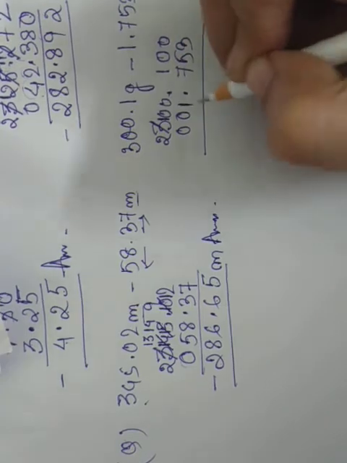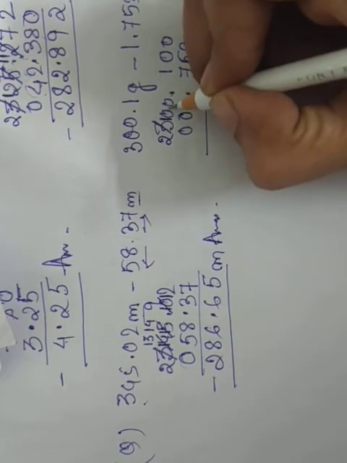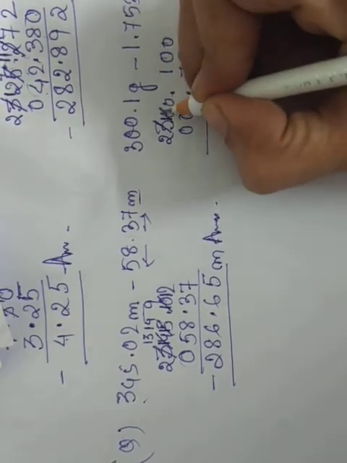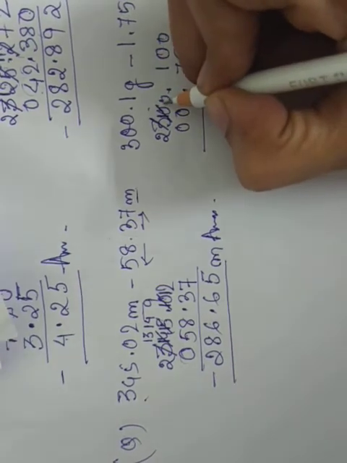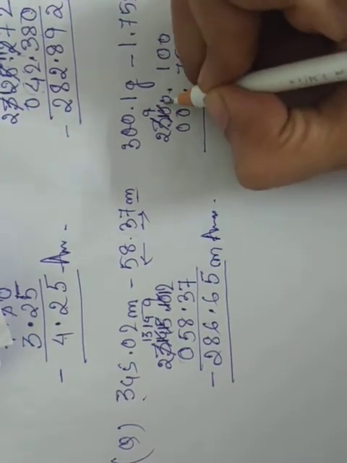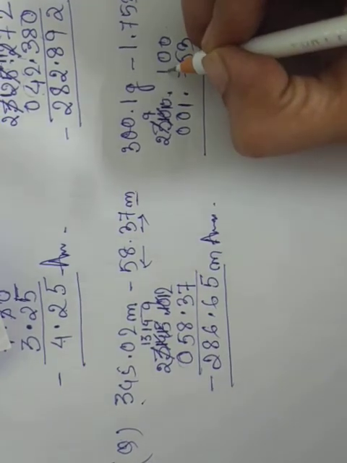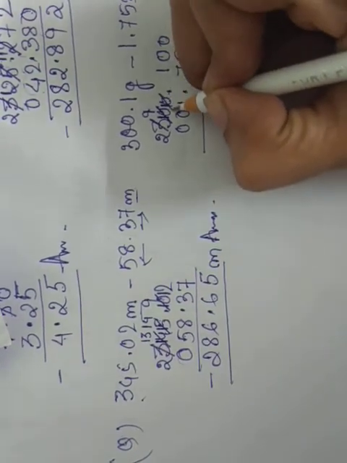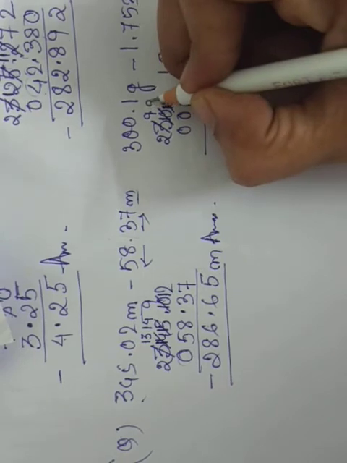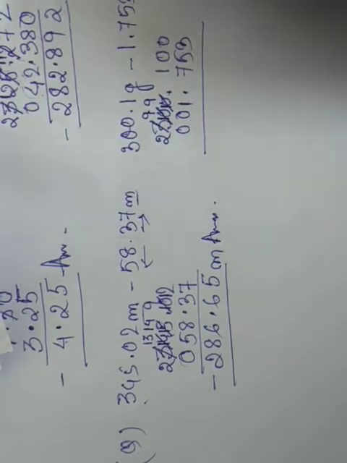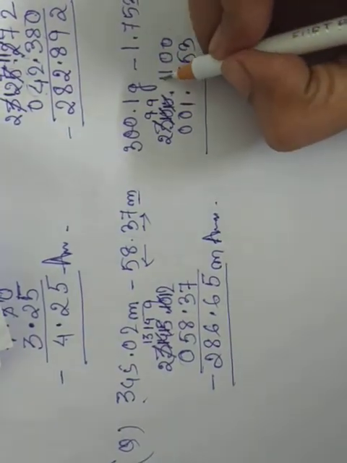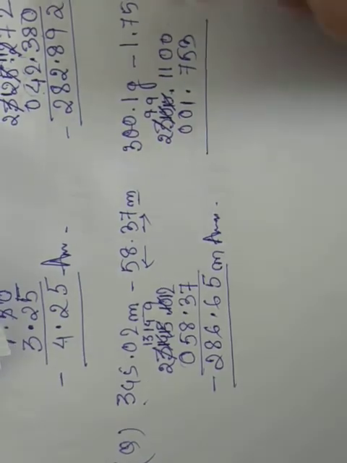So it makes 10. Again I need a borrow over here, so I'm deducting 1 from here. Borrowing 1, it will make 9, and here it will make 10. Again I need a borrow over here, so I'm deducting 10, taking out 1, and it will give you 9. So I'm getting 11 over here.